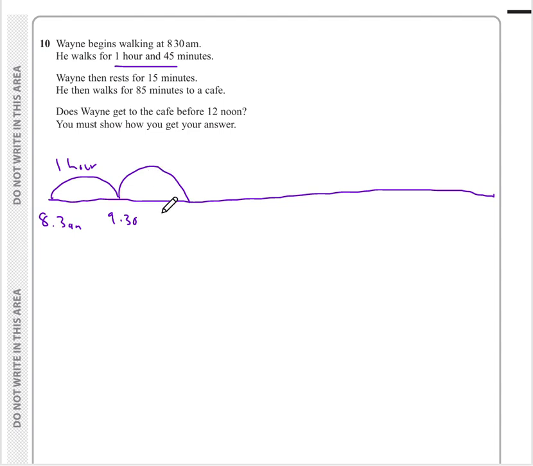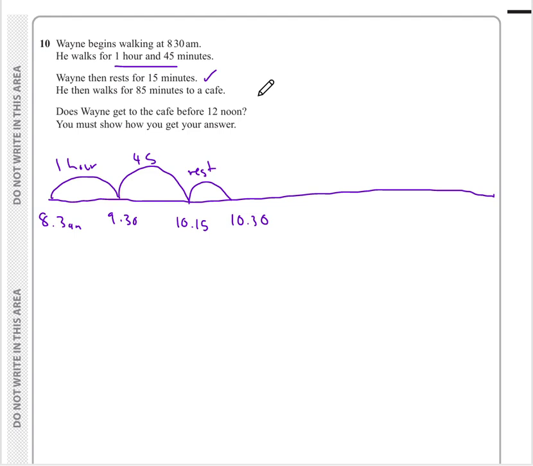So that's going to take me up till 10 and then another 15 minutes, it's going to take me to 10:15. He's going to rest for 15 minutes, so that's going to take him up to 10:30 a.m.